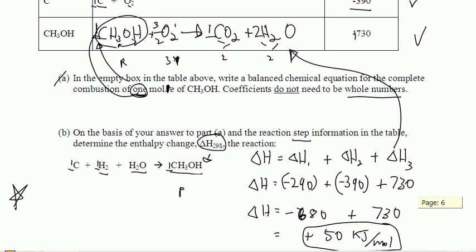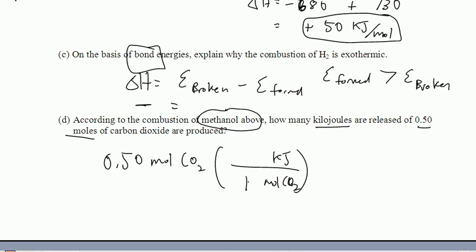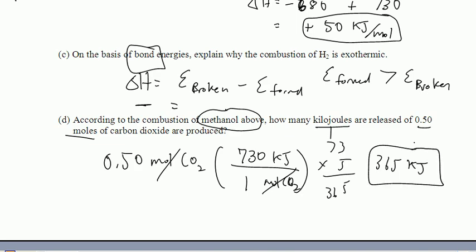Going to go up to the balanced reaction, and we know that for every 1 mole of CO2, 730 kilojoules are released. Going to multiply 0.5 by 730. It's going to be 73 times 5. So it's 5, 1, 5. So it's going to be 365 kilojoules. Notice the moles cancel, so there is your answer.